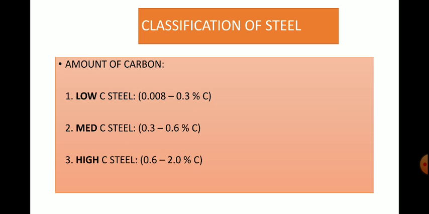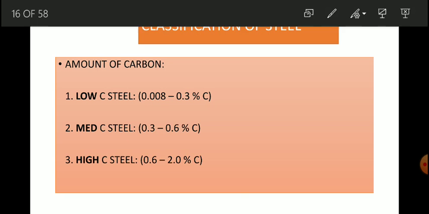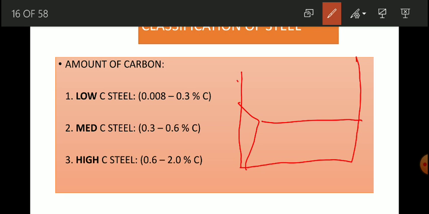Next, we have classification based on carbon content. The first one is low carbon steel. Suppose we have an iron carbon diagram. This is the eutectoid point. Low carbon steel contains carbon from 0.008% to 0.3%, somewhere over here.